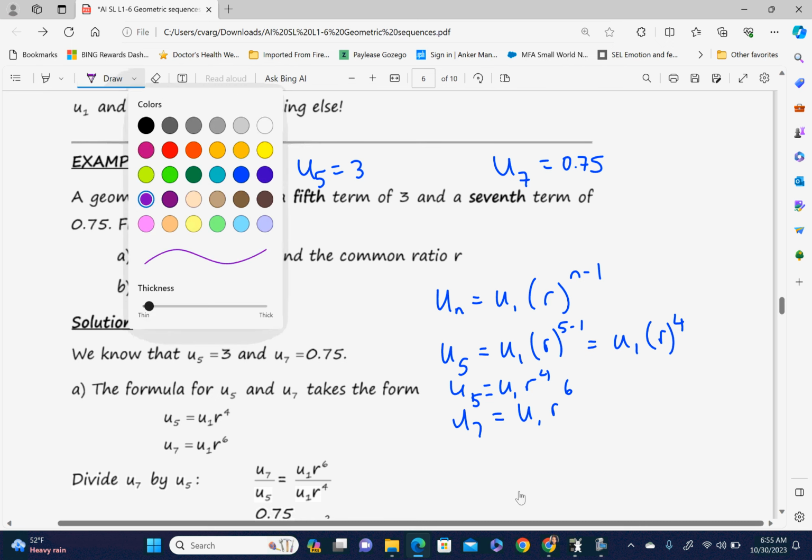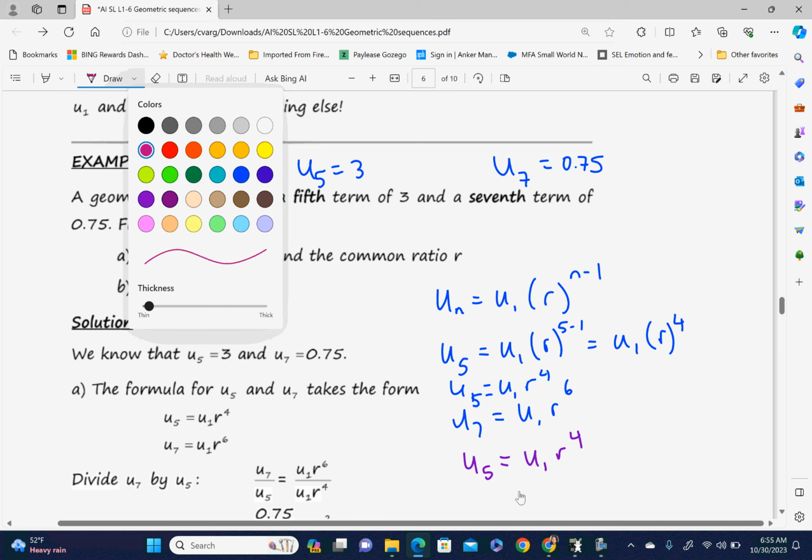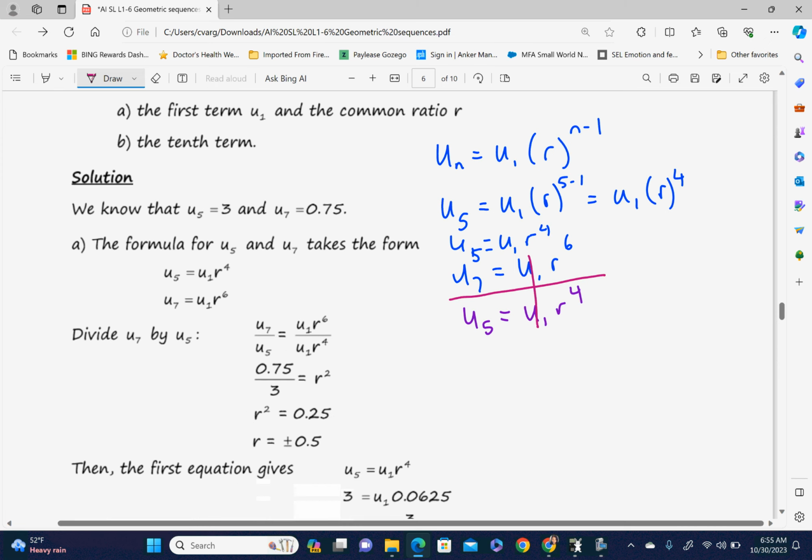So why don't we use a different color? U5 equals U1 r to the fourth, okay? And then they took these two equations and divided, right? Because now these cancel each other out. So what are we left with? We are left with U7 divided by U5 is equal to r to the 6 minus 4.